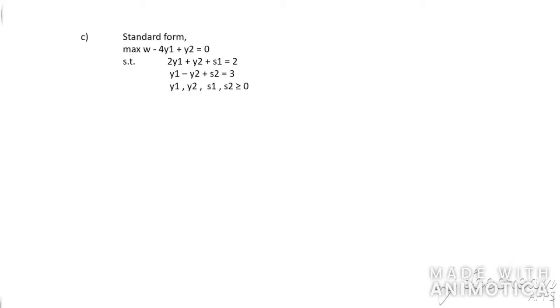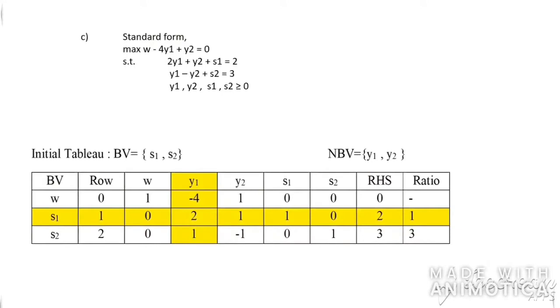We construct the initial tableau by using the constraints and objective function given, with BV S1 and S2 and NBV Y1, Y2. We choose Y1 as our entering variable because it has the most negative coefficient in row 0, and we choose S1 as our leaving variable because it has the smallest ratio.